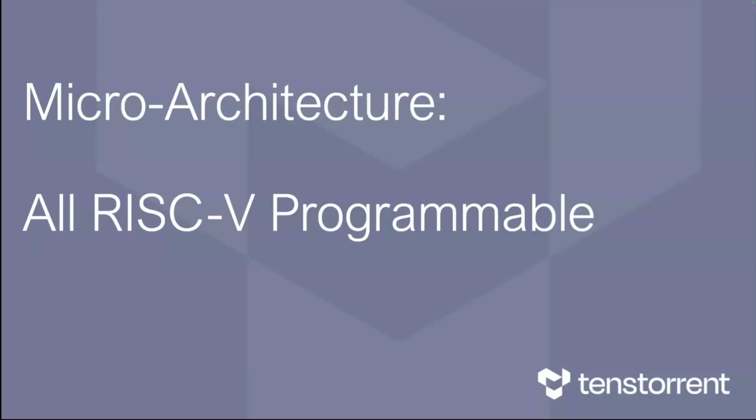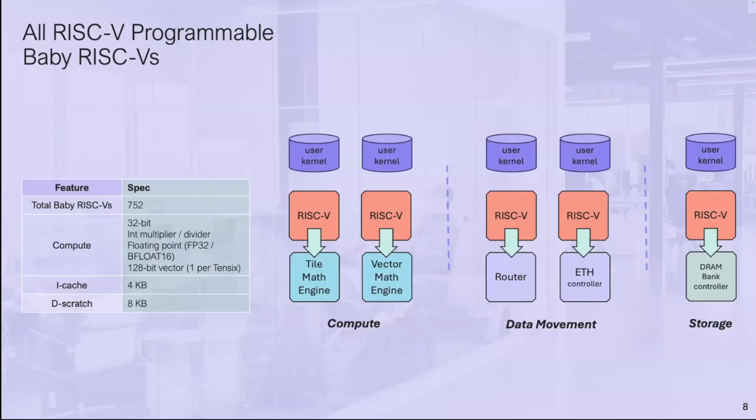Okay, so this is what I've alluded to. We're going to now zoom in on some of the microarchitecture of what these cores look like. So this is where your baby RISC cores are set up. They're used for compute, data movement, and storage.